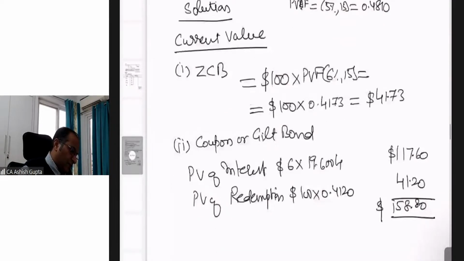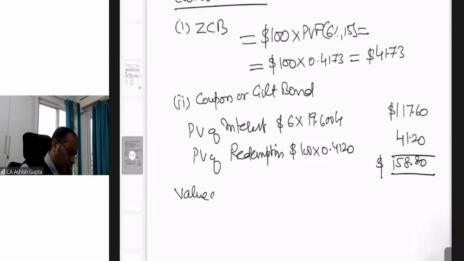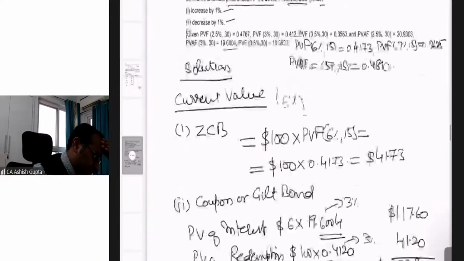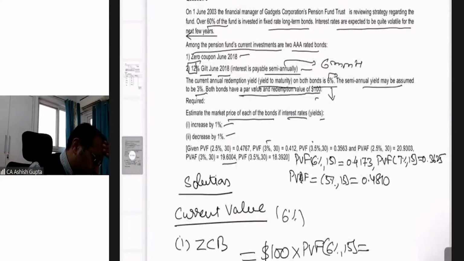Similarly, I value this with the yield at 6%. See, students, here we have used this factor. Basically, these factors are at 3% because we are using semi-annual. Please note, very important to note, the PV factors we are using are at 3%. Similarly, when our yield is increased by 1%, the yield will become 7%.